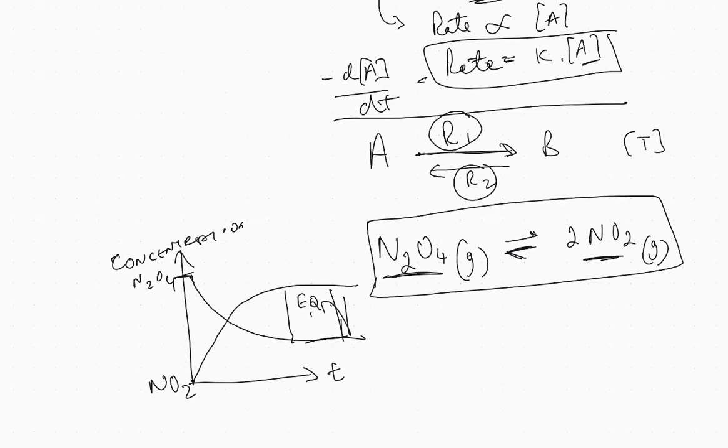Now, if I write the rate, I use the word forward here, so I'll put the subscript F. You get kF, the rate constant, times N2O4, and then for the reverse rate I put R to say reverse, kR times NO2. You should understand this one.